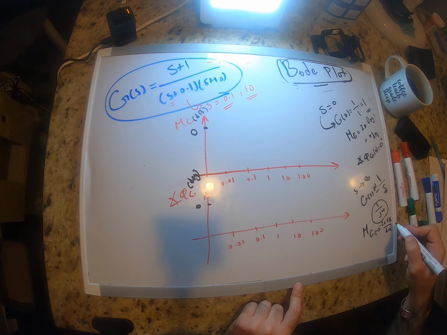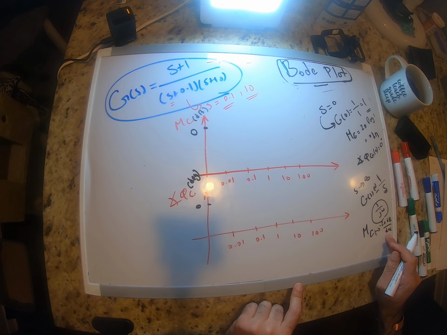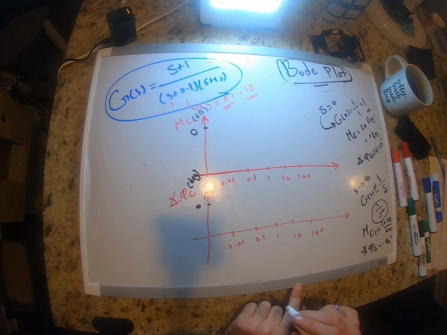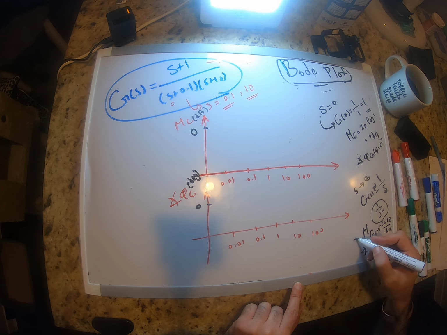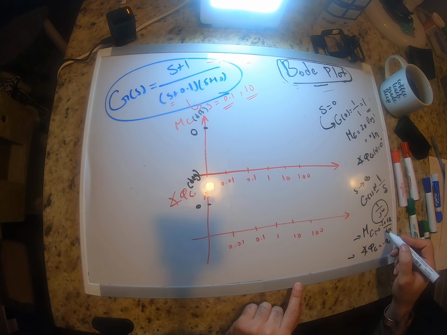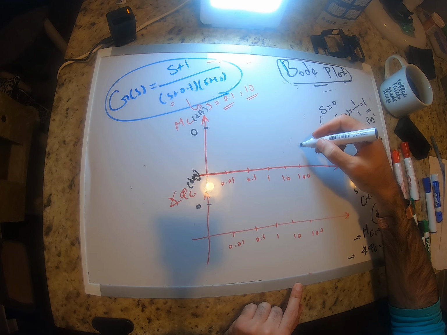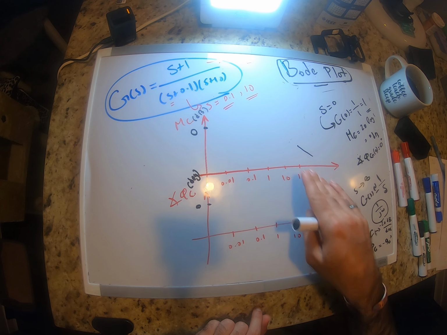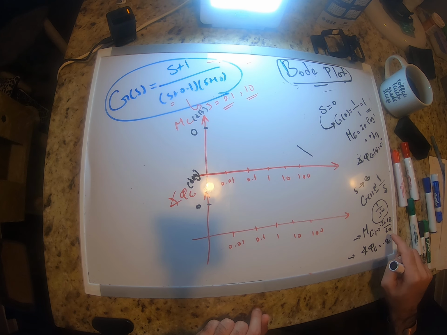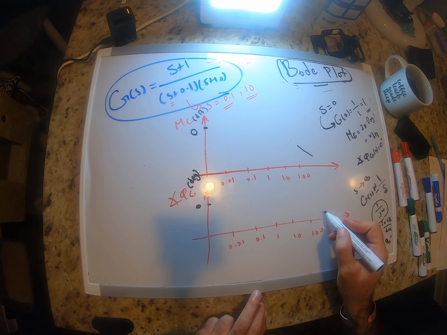For each pole, this is going to be minus 20 dB per decade, and the phase is going to be negative 90 degrees. So this is what we should expect as s goes to infinity: a line with a slope of negative 20 decibels per decade, and a phase of negative 90 degrees.